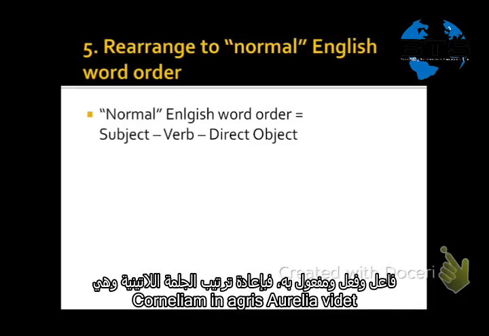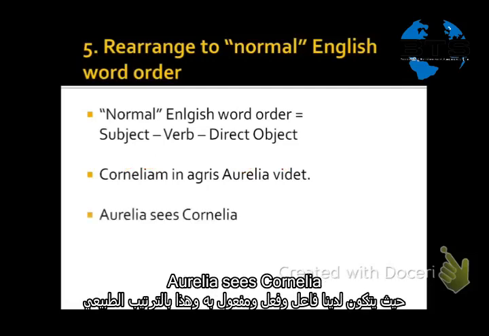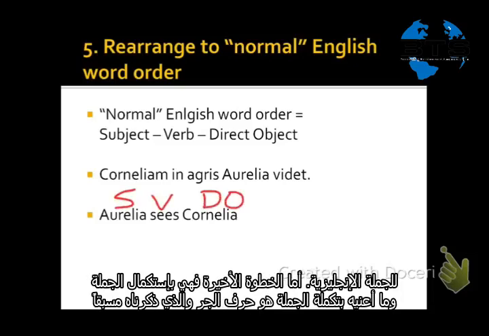So when you're rearranging the Latin sentence, Corneliam in agris Aurelia videt, we already said that Corneliam's our direct object and Aurelia is our subject and videt's our verb. So we're going to have to rearrange it. And when you rearrange it and translate as you go, you end up with Aurelia sees Cornelia, right? Aurelia is our subject, sees is our verb, Cornelia is our direct object. That's our normal English word order.